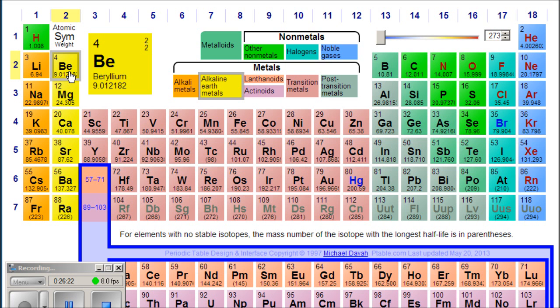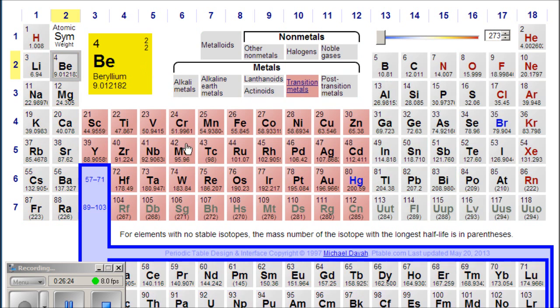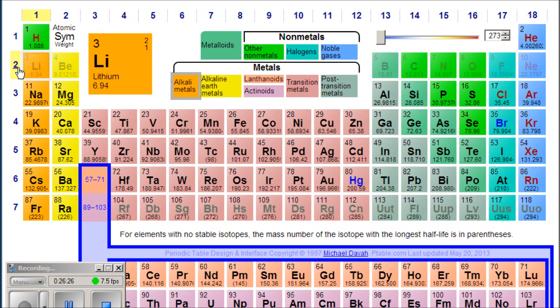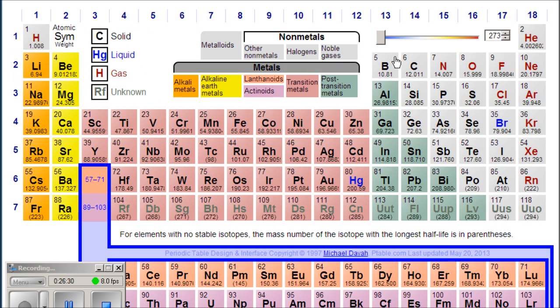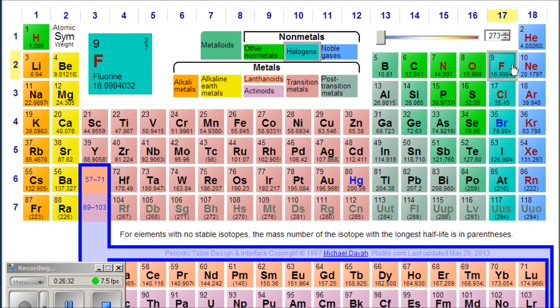It takes more energy to pry that electron away. So as you move from left to right, you have higher ionization energies. It takes more energy to pry an electron away from fluorine than it does to pry an electron away from lithium. You also have smaller atomic radii.